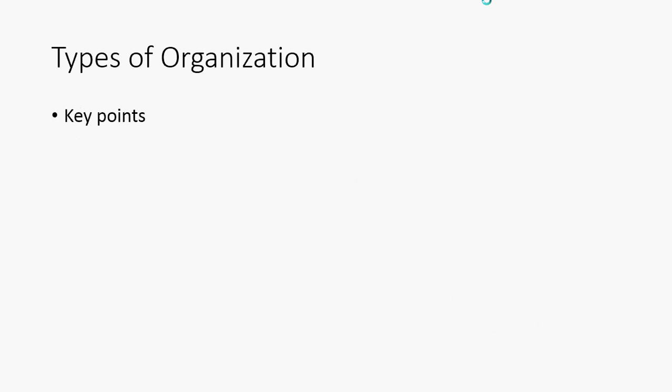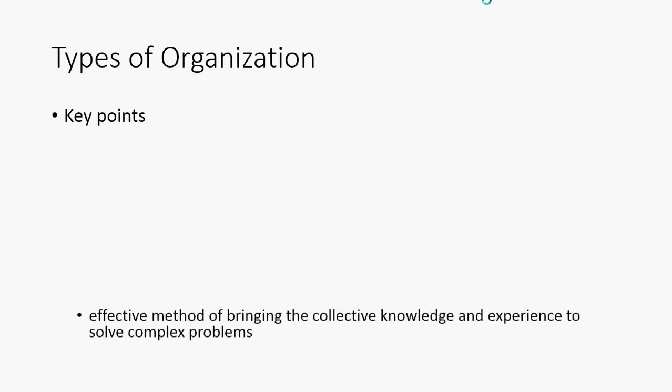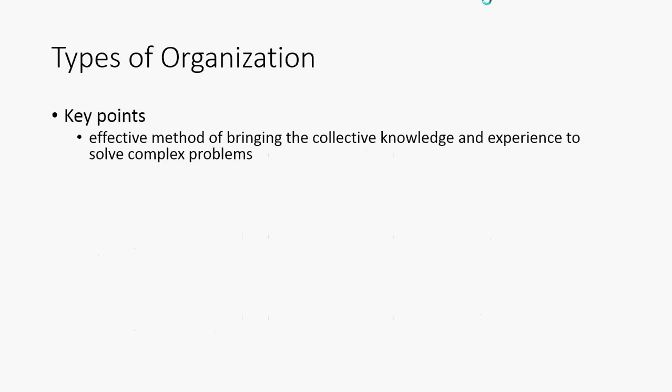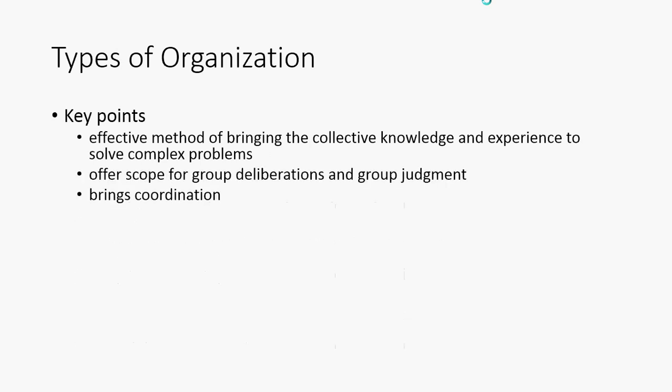So the key points in this type of organization: it is an effective method of bringing collective knowledge and expertise to solve complex problems. They offer scope for group deliberations and group judgment.